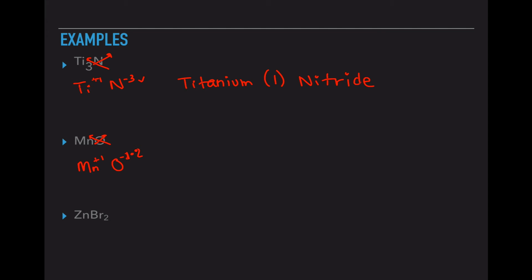So we're going to multiply this by 2 to get it back to the number that we want it to be. But if we multiply oxygen by 2, we also have to multiply manganese by 2. So we have Mn +2, O -2. At this point, our oxidation numbers are correct. So we have manganese 2 oxide as our name.